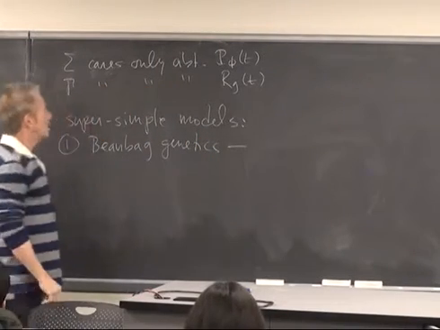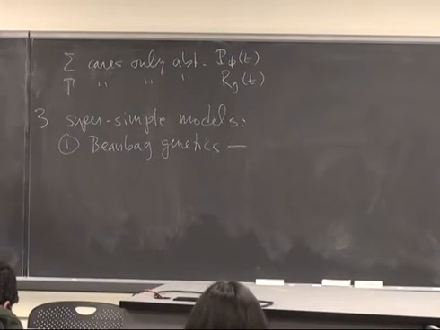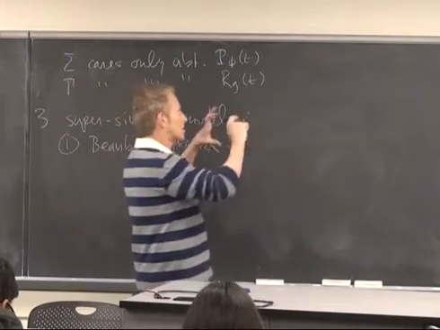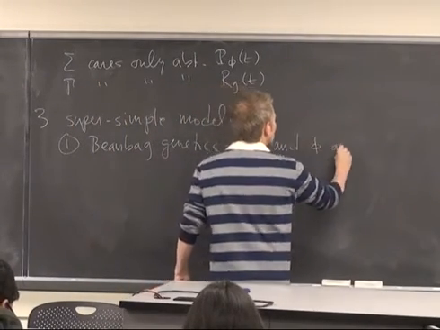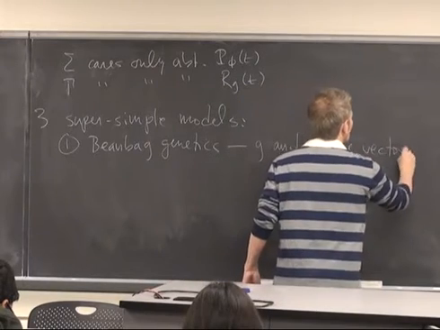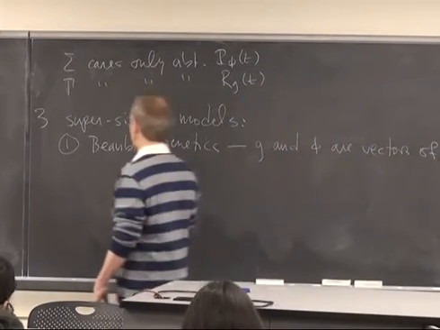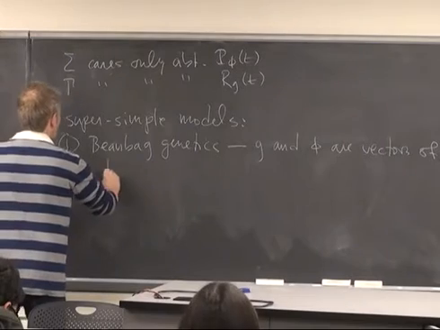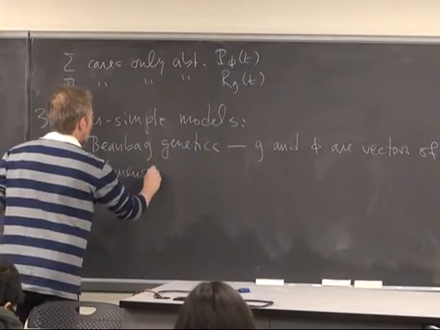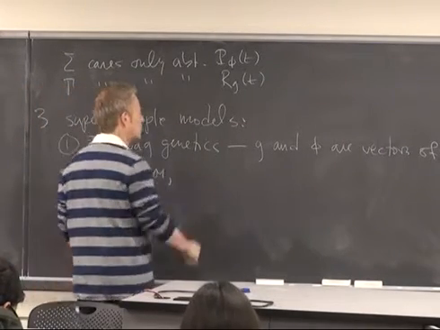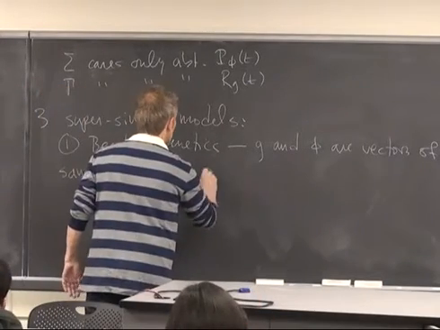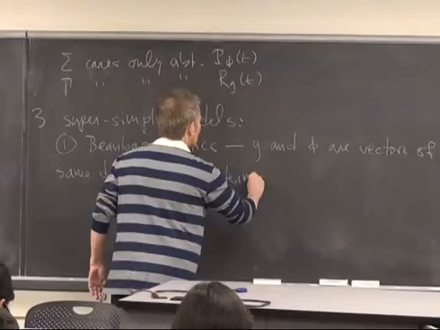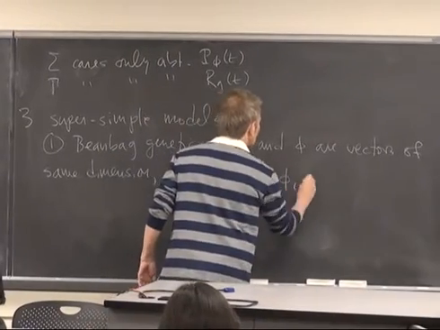And in Beanbag Genetics, you think of G and phi as being vectors of the same dimension. And each element of G determines the corresponding element of phi. So Gi determines phi i.